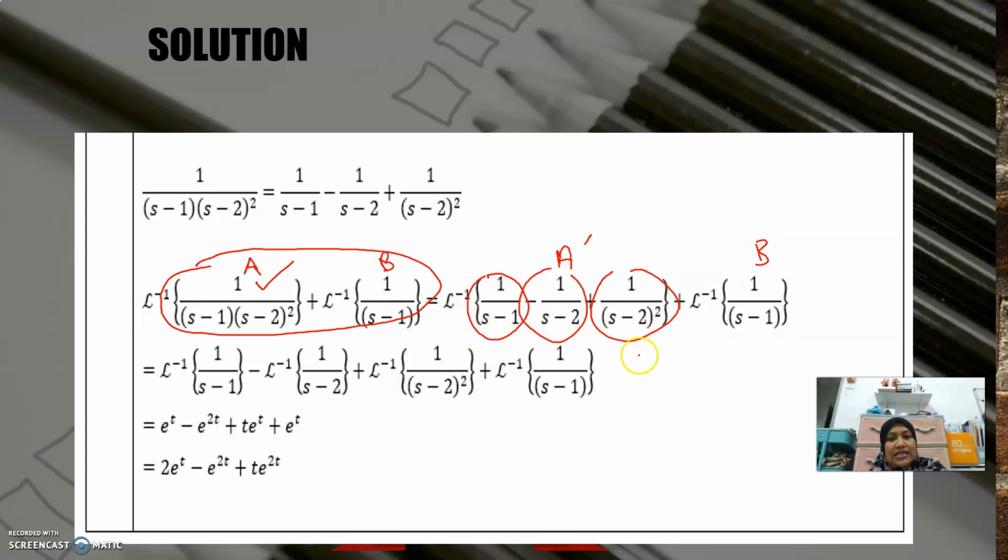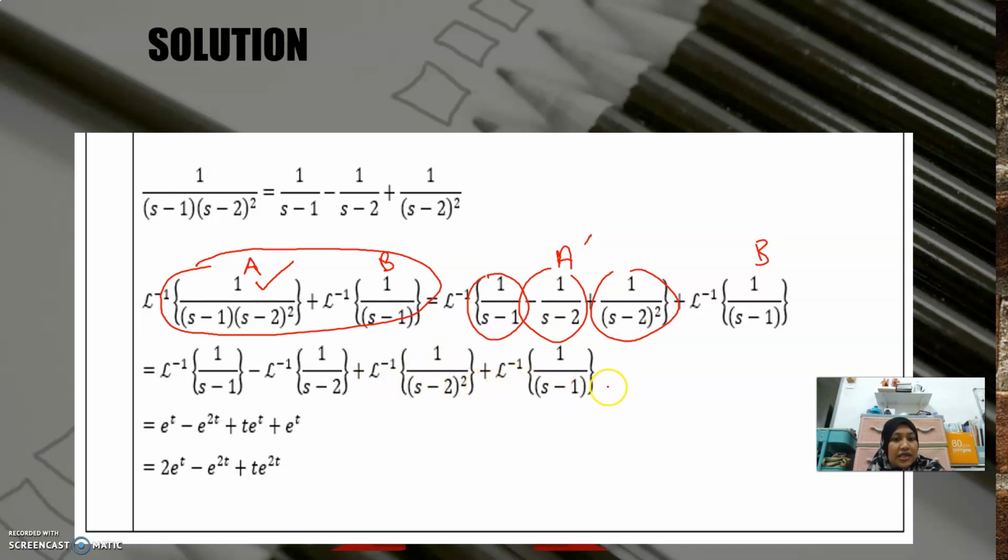Okay, until here, we can just refer to the table to inverse the Laplace transform. So when we write the inverse Laplace transform equation, it will be like this: inverse Laplace transform of 1 over (s minus 1), minus inverse Laplace transform of 1 over (s minus 2), plus inverse Laplace transform of 1 over (s minus 2) squared, and so on.